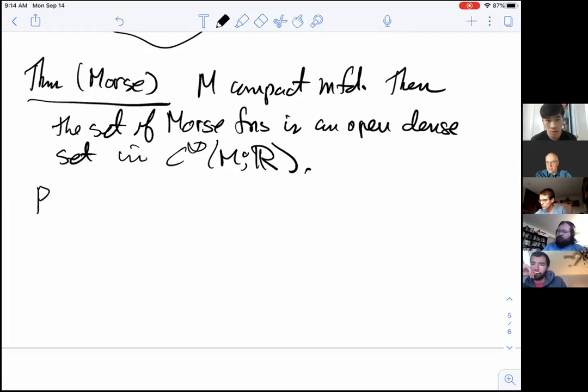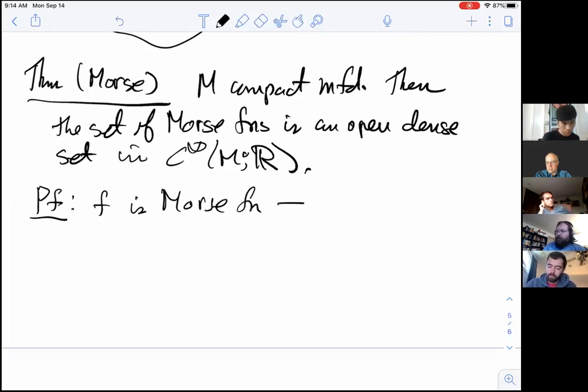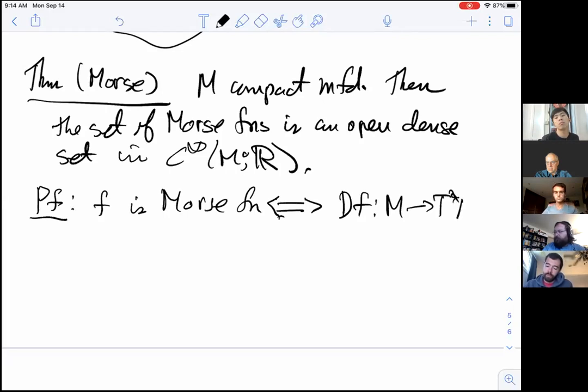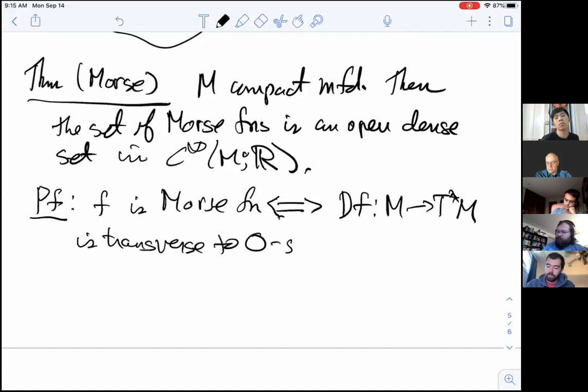Well, let me reformulate what it means to be a Morse function. So f is a Morse function if and only if df, the differential of f, mapping M into the cotangent bundle of M, is transverse to the zero section.